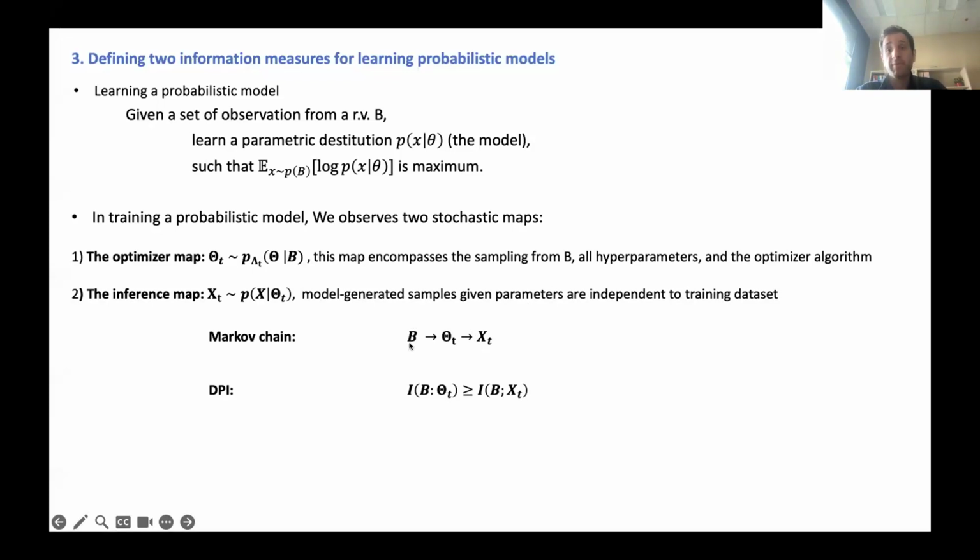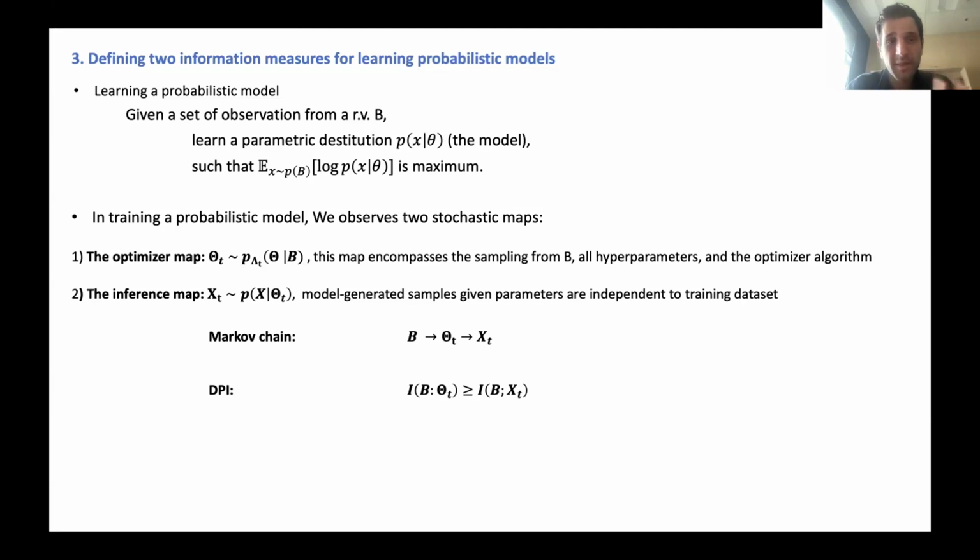And that means that you have a Markov chain here. Theta, your parameters, depends on B, the ground truth random variable that you sample from your training data set. You have a finite number of samples, of course. And X depends on theta. By theta, you define your model, you sample your model.